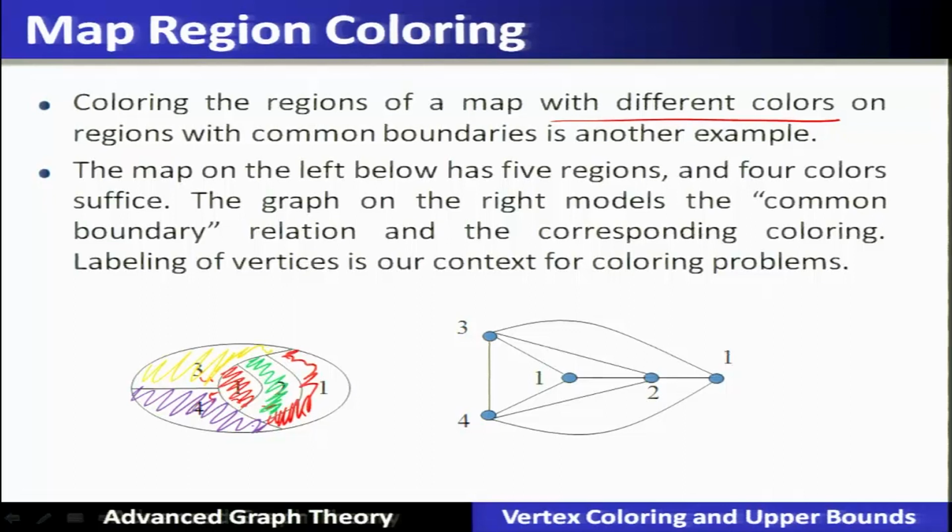So the adjacent regions are receiving different colors, as we have already shown, so that no two regions having a common boundary receive the same color. How many colors are required? 1, 2, then this is already done, 3 and 4 different colors are required to color this 5 region map.